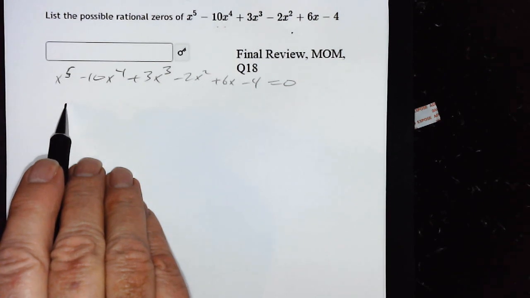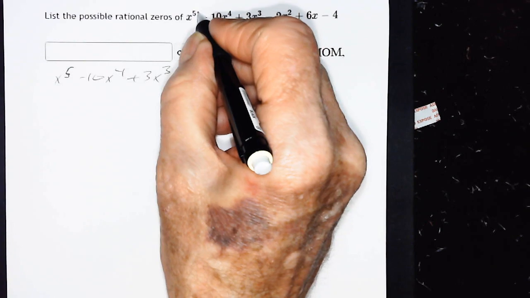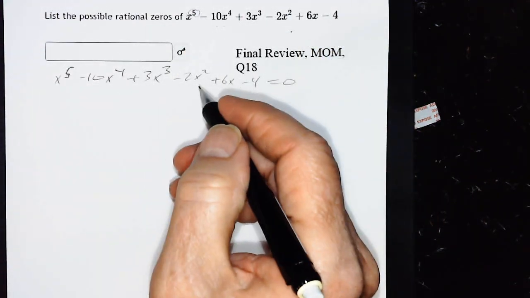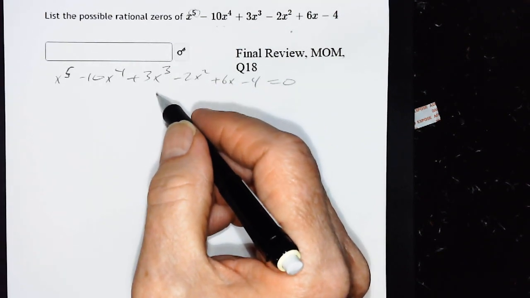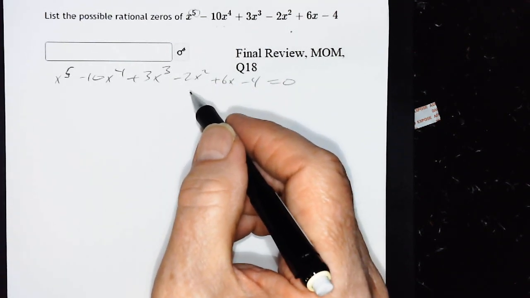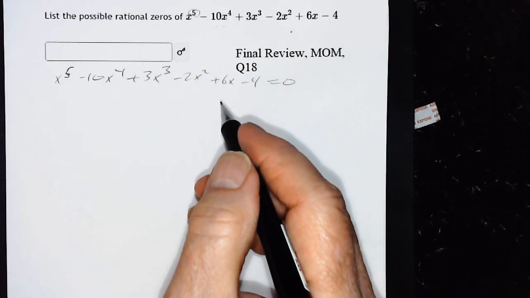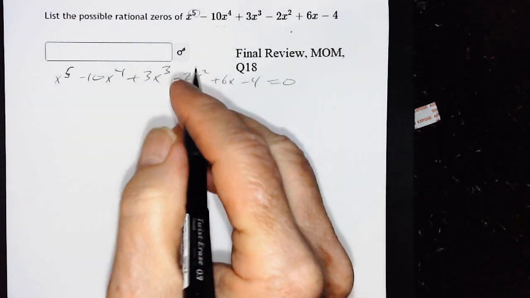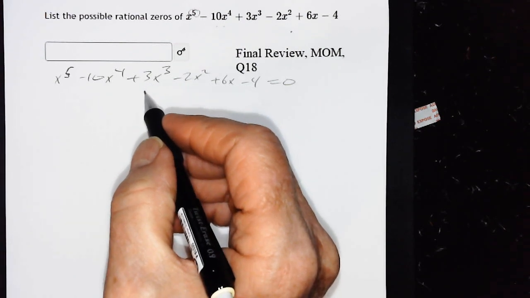Now, it's pretty hard to solve an equation with a degree that's 5. It's a big exponent. But with this magical method of the rational zeros, we can find some candidates for the solutions. We can find some possible zeros. Then we have to try them out later to see if they work.